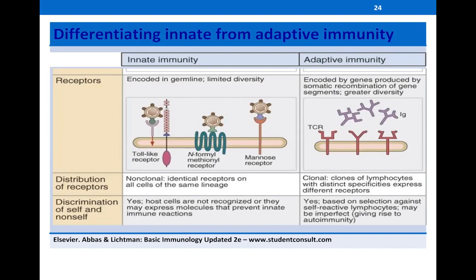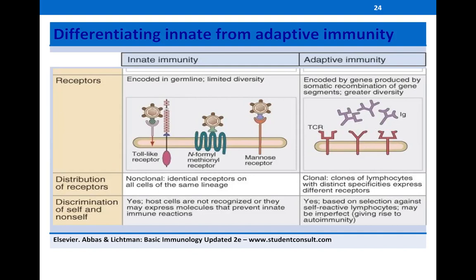For the distribution of receptors, innate immunity are usually non-clonal, meaning identical receptors on all cells of the same lineage. Whereas the adoptive immunity are clonal, there are clones of lymphocytes with distinct specificities expressing different types of receptors.